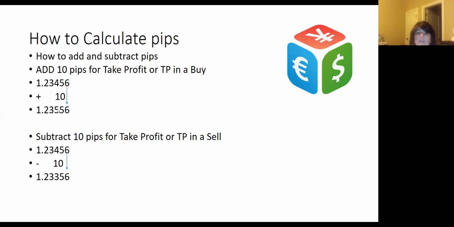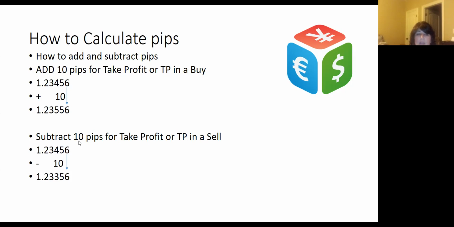So now we're going to take profit at 1.23556. Okay, so it's simple math. It's just simple adding and subtracting. You're probably never going to add more than 20 pips to a number, or 50 pips to a number. All right? But the last number, remember, that's your tenth. It just carries down, and then you add your pips to this.